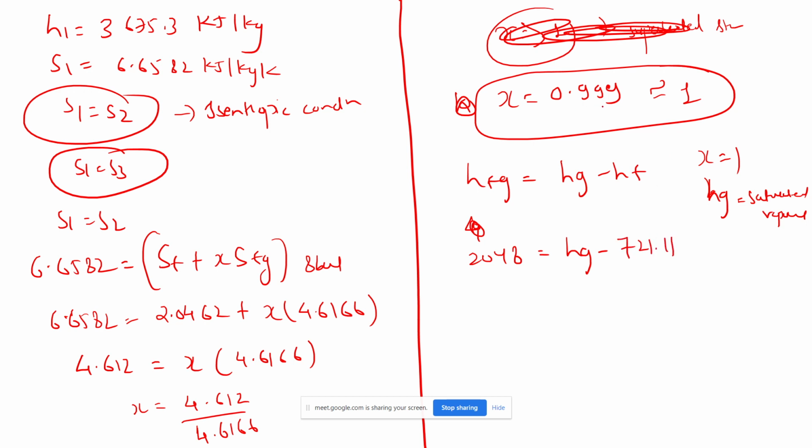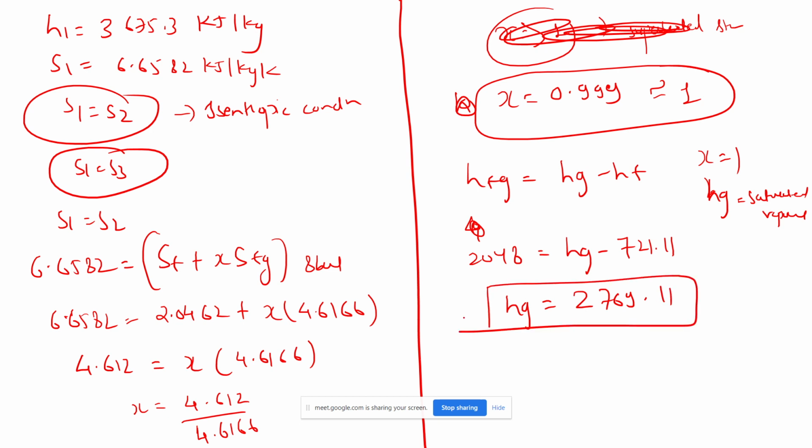Actually it is much closer, so if we calculate that also in the wet region, it will almost come to the Hg value only. That's why we are taking it directly. Unnecessarily, it will consume time. So if the value is much closer, then you can assume directly. 2423. 2769.11. So what is the value of enthalpy at point 2? 2769.11, or this is saturated vapor.